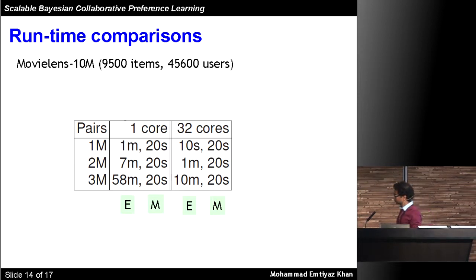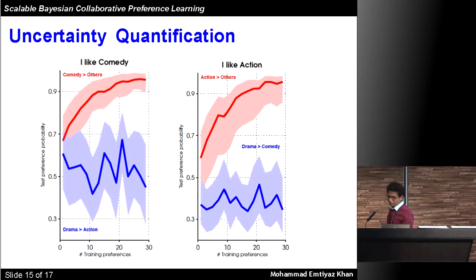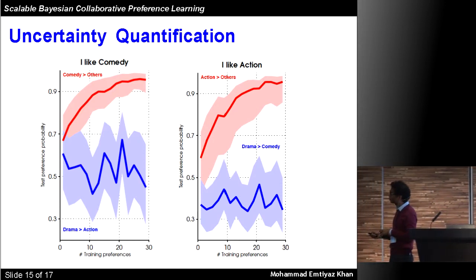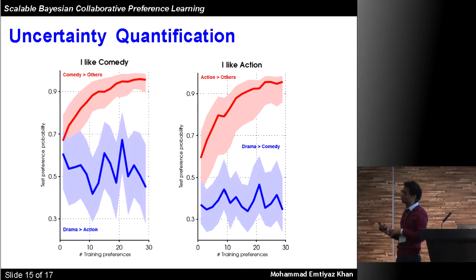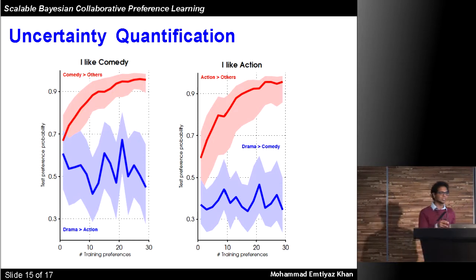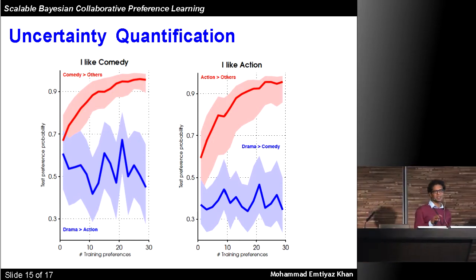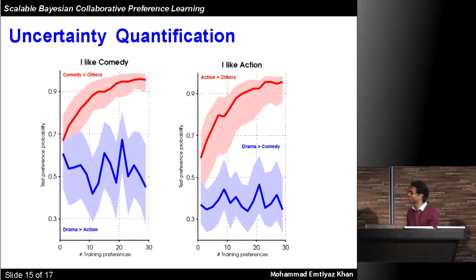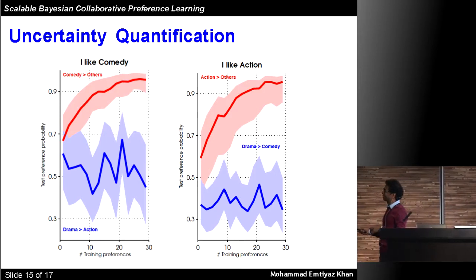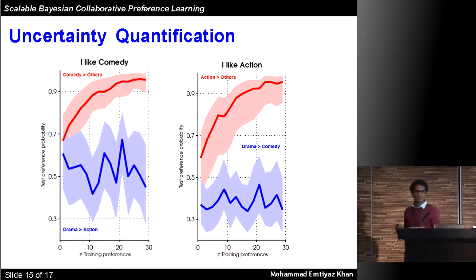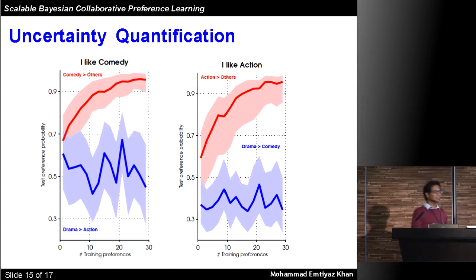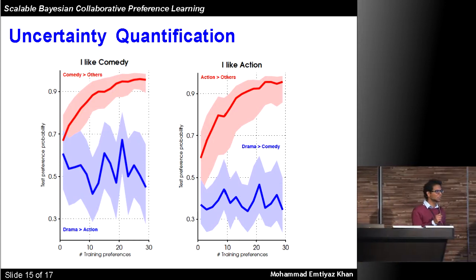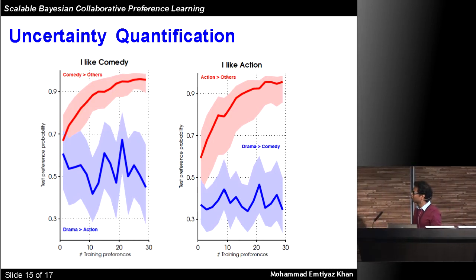All right. So it's the last thing, and I have a minute, so I'll go very quickly over this. I'm trying to demonstrate how these models are useful for quantifying uncertainty. The x-axis here you could think of as a person spending more and more time on Netflix and watching more and more movies. Let's say this person likes comedy movies, and she's giving you feedback that she likes comedy more than drama and more than action.